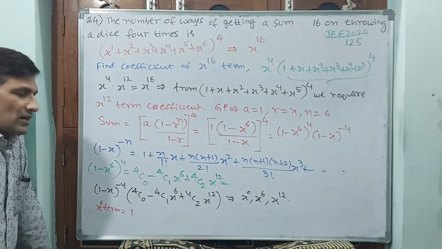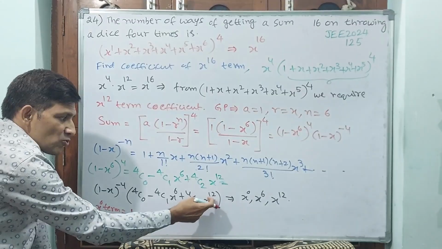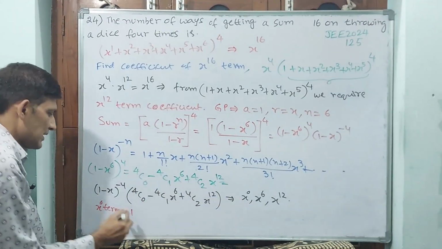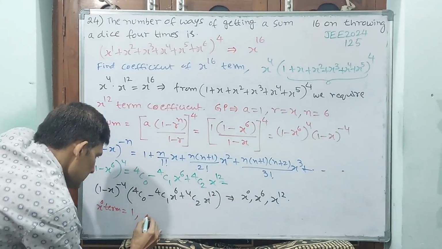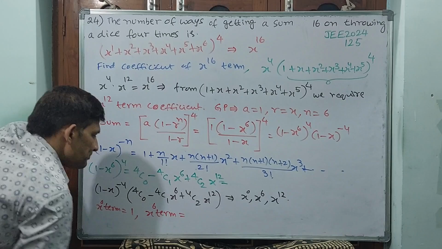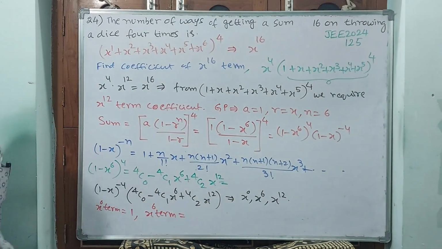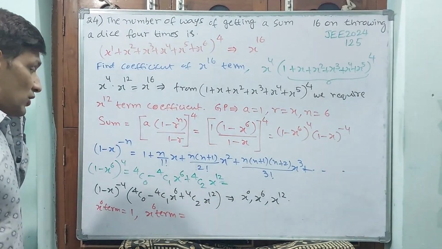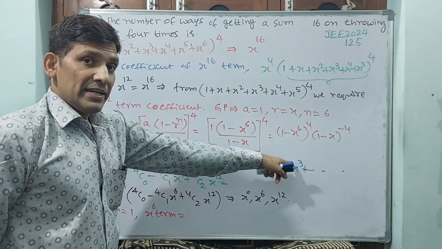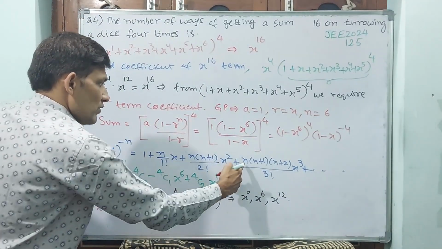Okay. Now, for multiplication of this x to the power of 12 term, the x to the power of 0 term we require, and x to the power of 0 term is 1. That's all. Okay. Now, go for the x to the power of 6 term. Observe carefully how I am writing. For the x to the power of 6 term, 6 terms you have to multiply. N is 4.